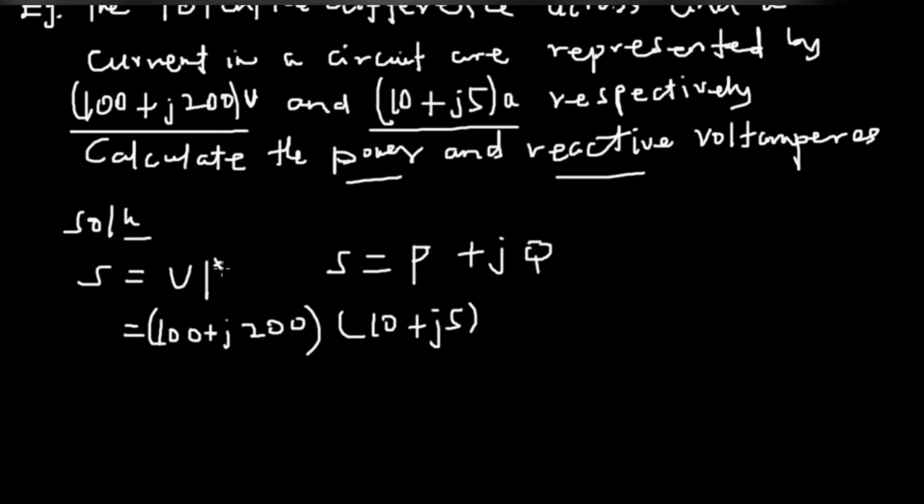Right. So now we have 100 plus j200, and then open bracket we have 10 minus j5.